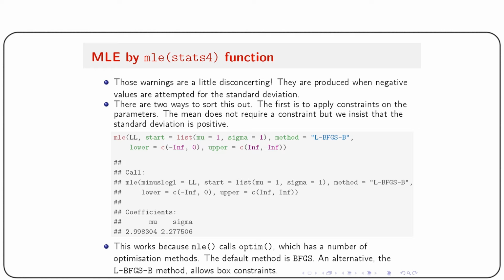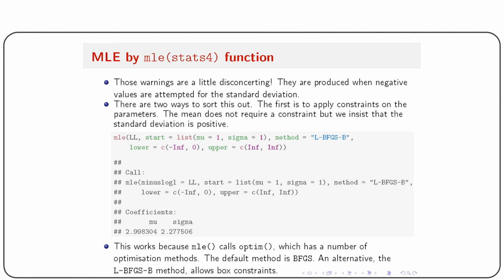For example, say mle(LL, start equals list(mu equals 1, sigma equals 1), method equals L-BFGS-B, lower equals c(minus infinity, 0) and upper equals c(infinity, infinity)), and then you won't get the warning, and you will get the estimates as 2.99 and 2.27.